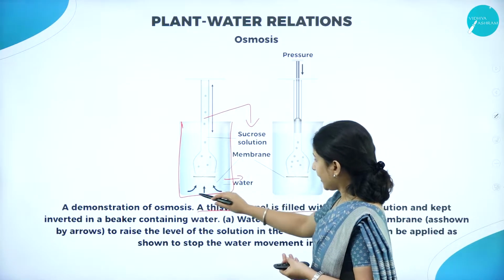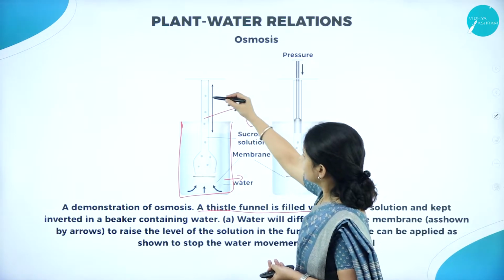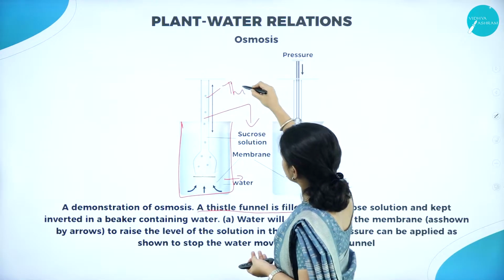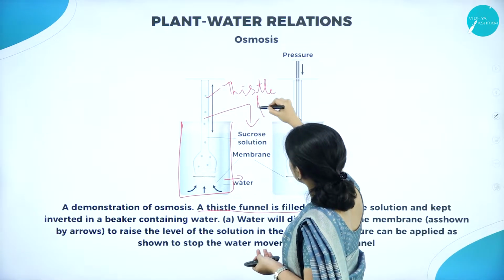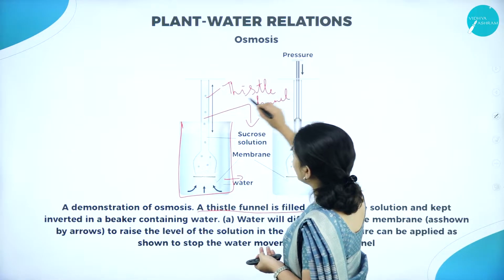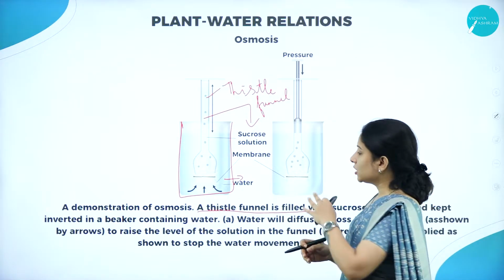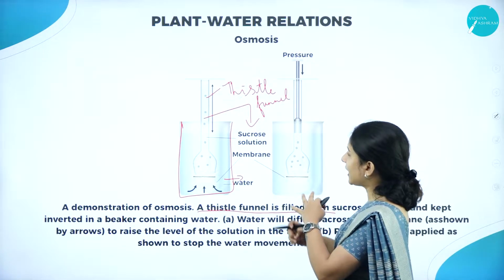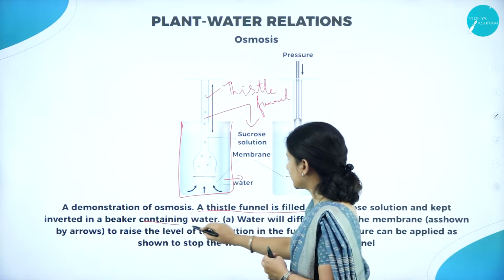So in the beaker, they have taken pure water, and in the Thistle funnel, they have filled it with sucrose solution. Now what happens here is, they have put it inverted into a beaker containing water.